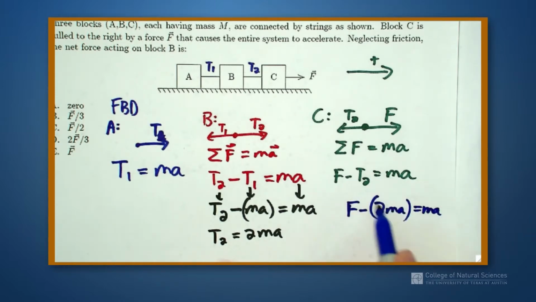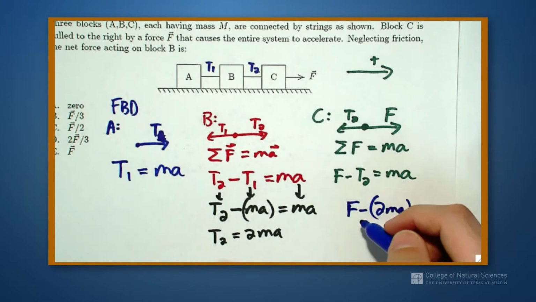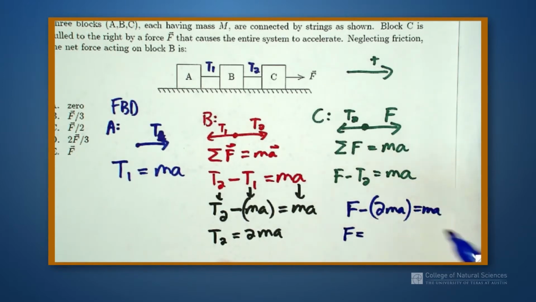So my force is equal to 3 mass times acceleration. What does this give us? Does this solve for anything? Well, we can actually use this equation to solve for the acceleration. F over 3m is equal to A.